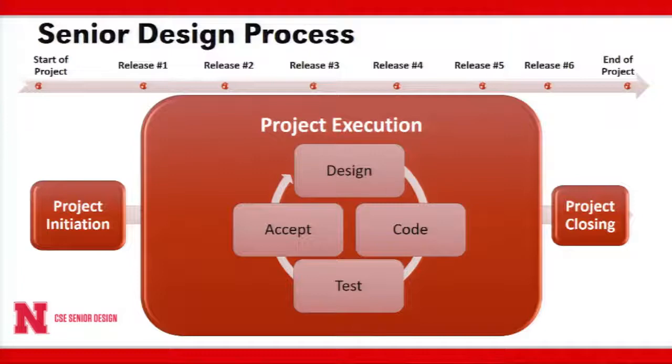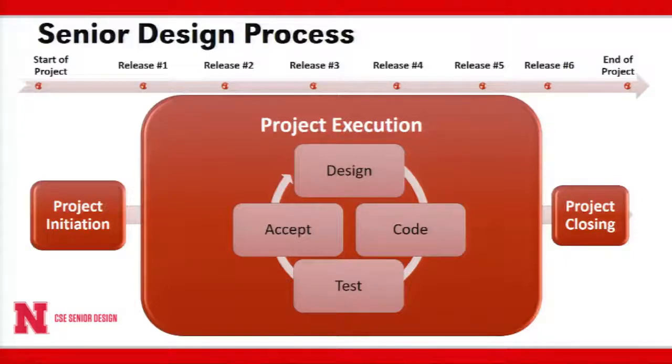This is our relatively simple framework that we use for all of our projects. We're very release driven, so we'll talk about releases here in a little bit. But we have in this framework an initiation piece that is for the team to be able to get up to speed on who the sponsor is, what the project is, and kind of determine what they're going to do, determine the plan going forward on what they're going to accomplish.